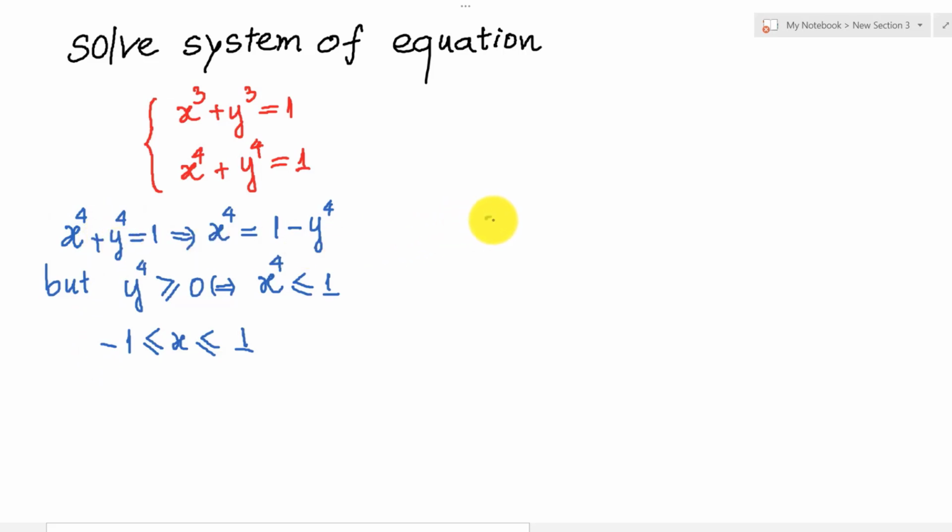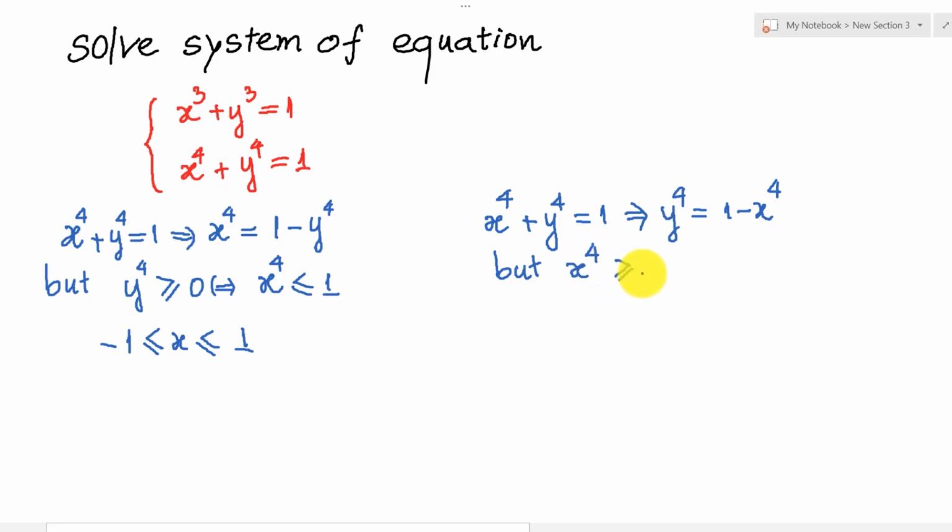And then from x^4 + y^4 = 1, I can find y^4 = 1 - x^4. But x^4 is bigger than or equal to 0, so we get y^4 is smaller than or equal to 1.